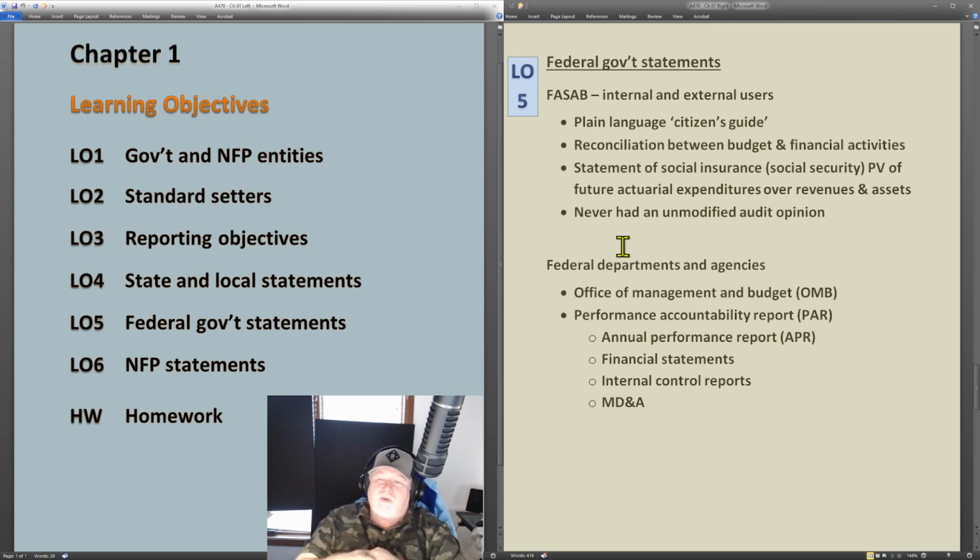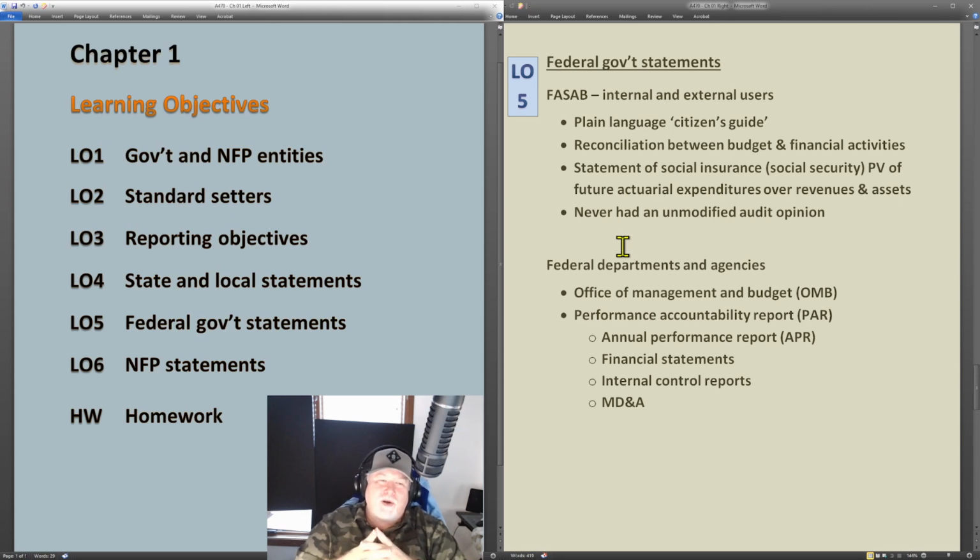Now, notice that they've thrown in the word actuarial expenditures over revenues and the assets. It's because Social Security is based upon demographics. How fast is the population aging? How big, each year, will the population be that needs Social Security? That means both how many people move into the 65 plus range, but also, more morbidly, how many people are falling off, meaning how many people are dying that don't need Social Security anymore.